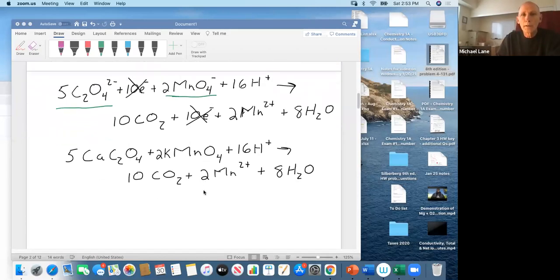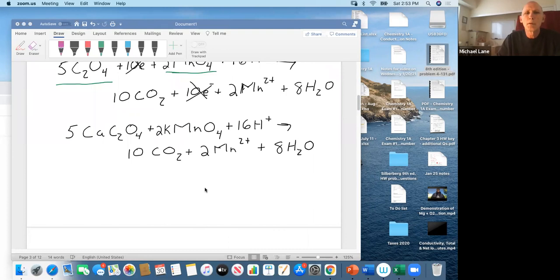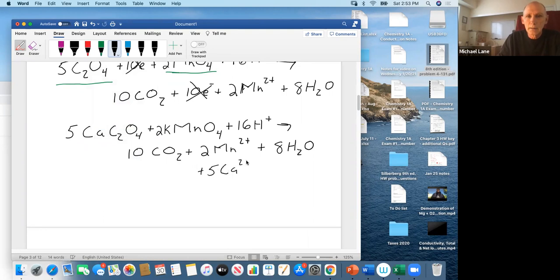I've got one minor adjustment that I want to make. The equation isn't quite balanced because I've got to add in the calciums and potassiums back into the equation.